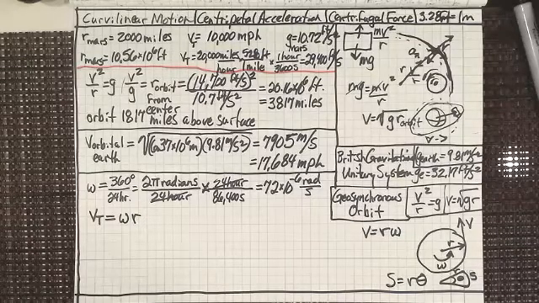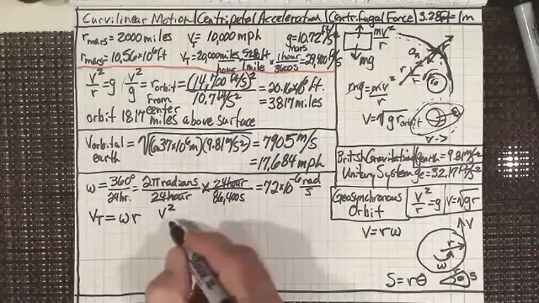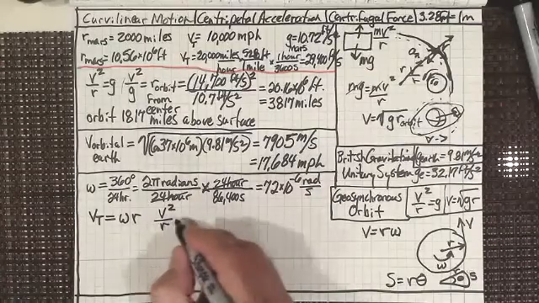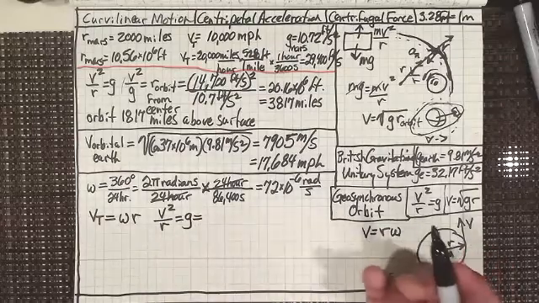Now, if we wanted to make these two things equal, v squared over r equals g. But what does g equal, really?